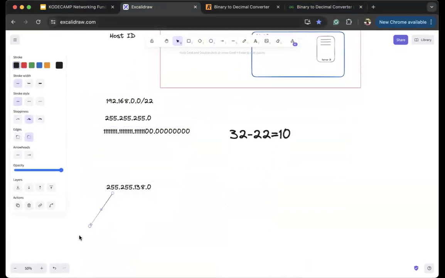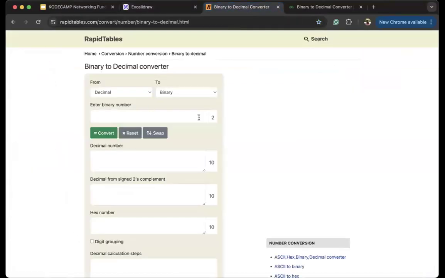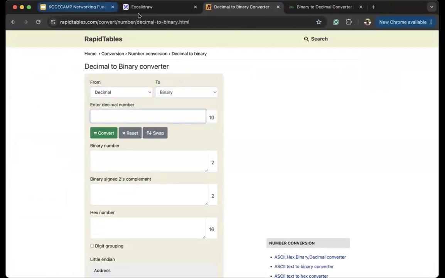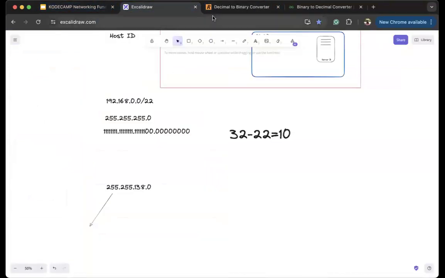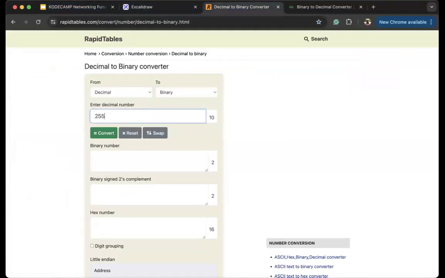If I convert 255 from decimal to binary, I'll get this number.